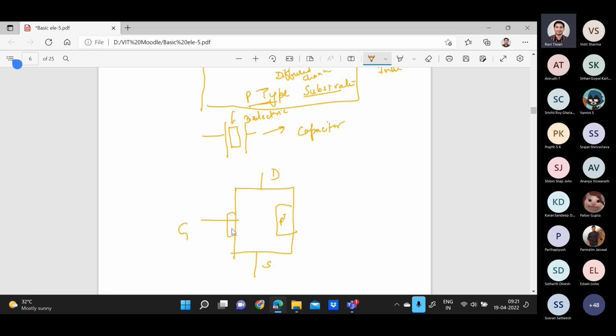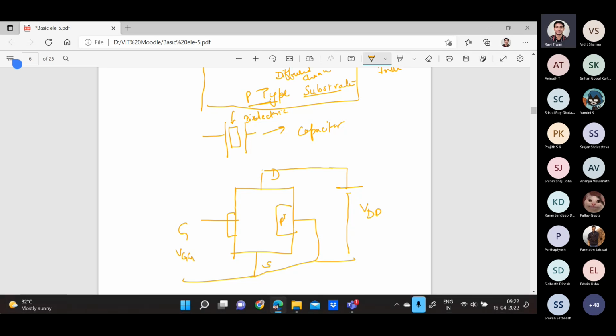Here you are making the ohmic contact. Between the gate and source you have a VGG, and between drain and source, connected like this, you have VDD. The process is again the same.